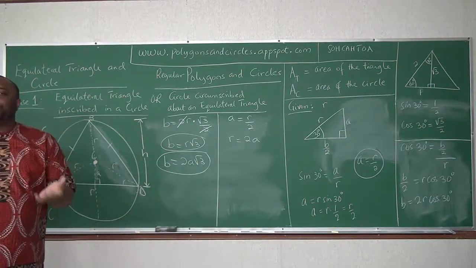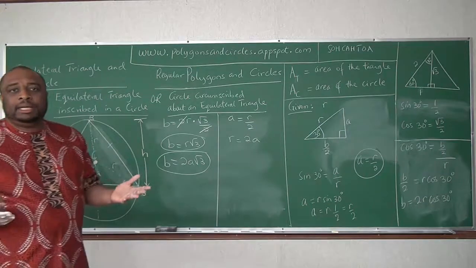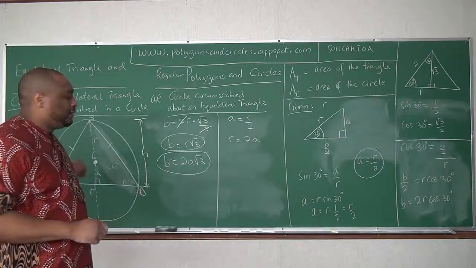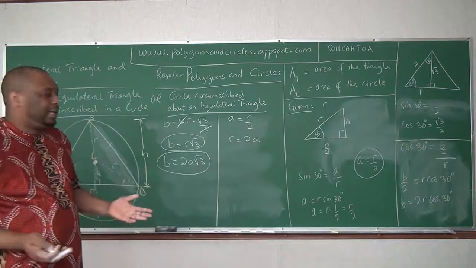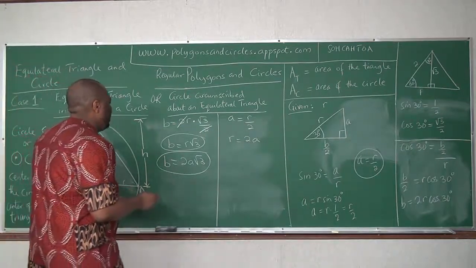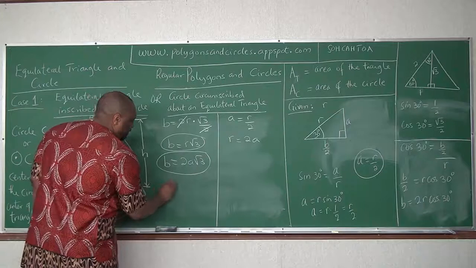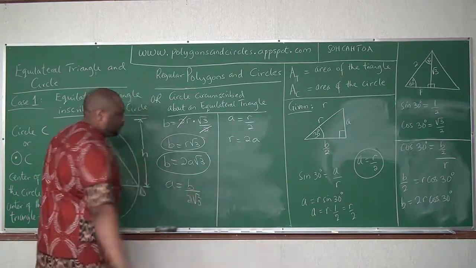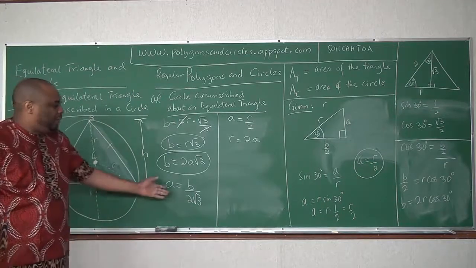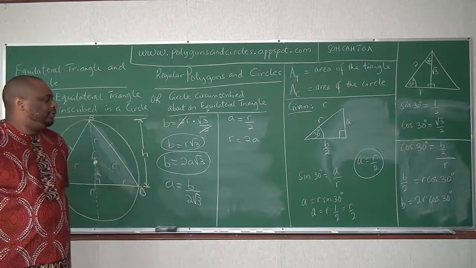And even if you're given the base, the base or any side of the triangle, you can also find the apothem. From here, the apothem is b over 2 root 3. You don't want to leave it like this, no. You want to rationalize.